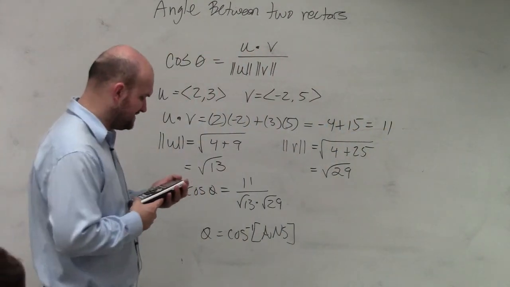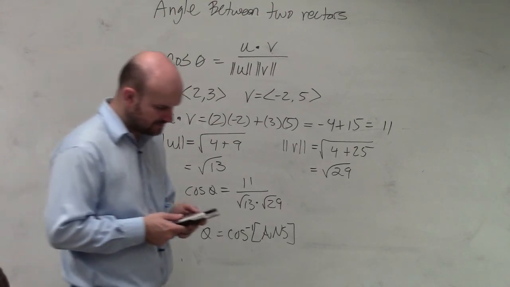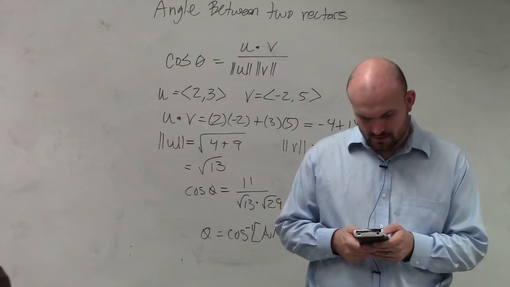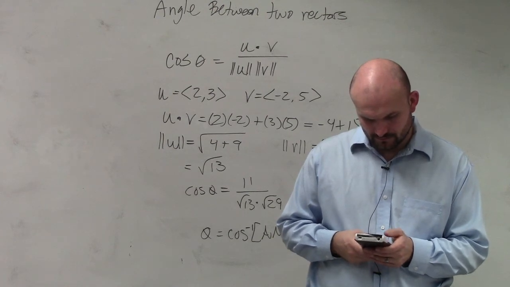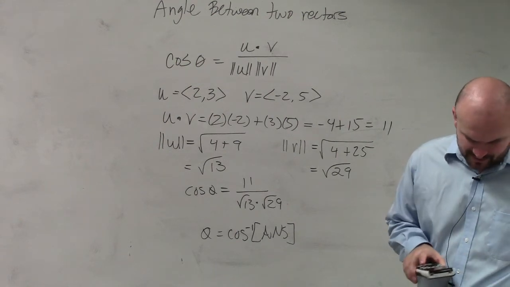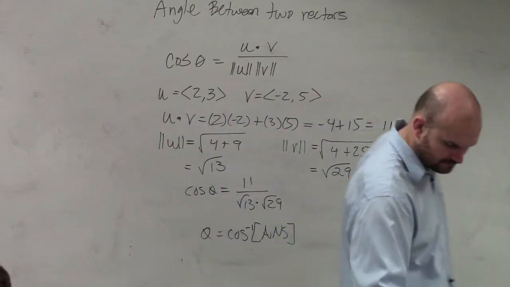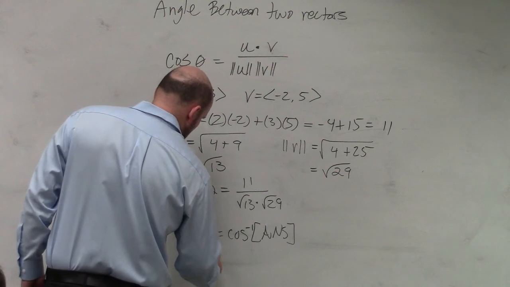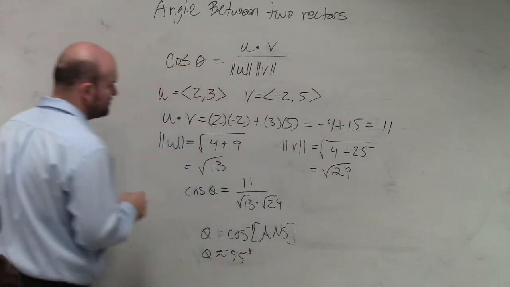And I get 0.5665, and then I'll just do inverse cosine of that answer. And I get 55.5, and I will round this one to the nearest degree. That'll be 55 degrees.